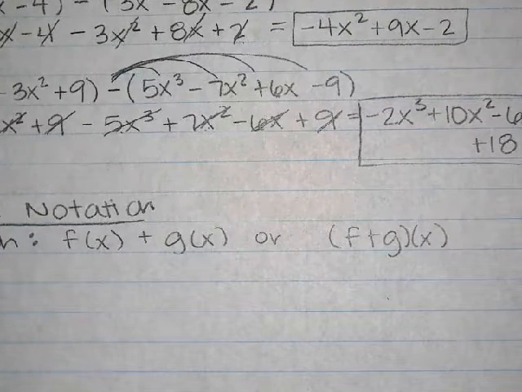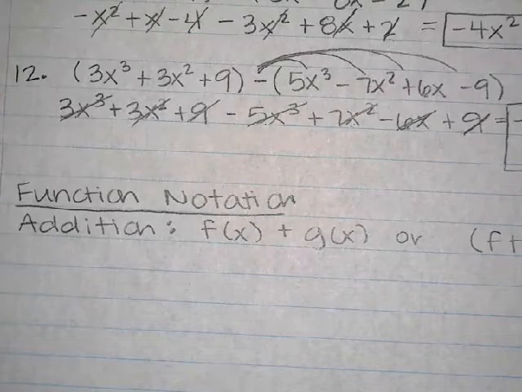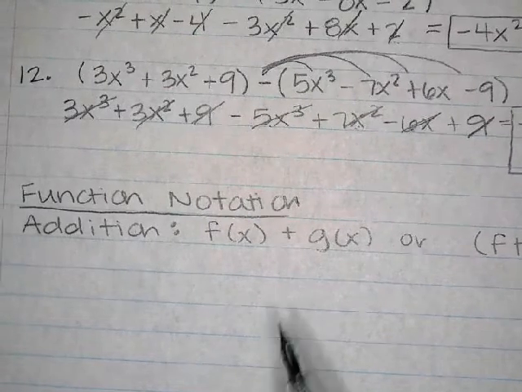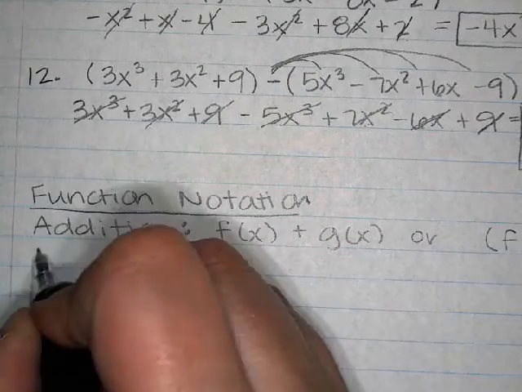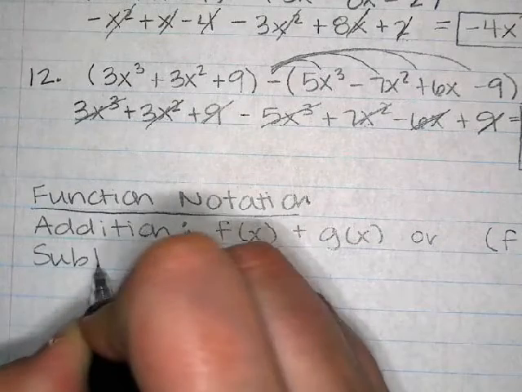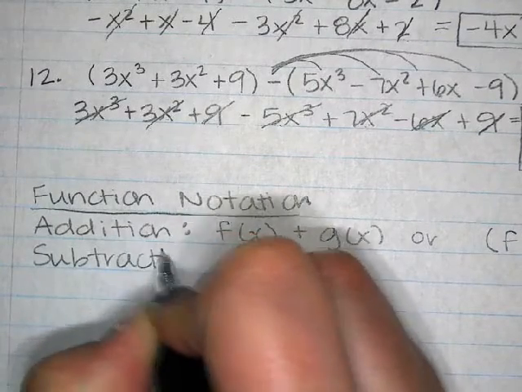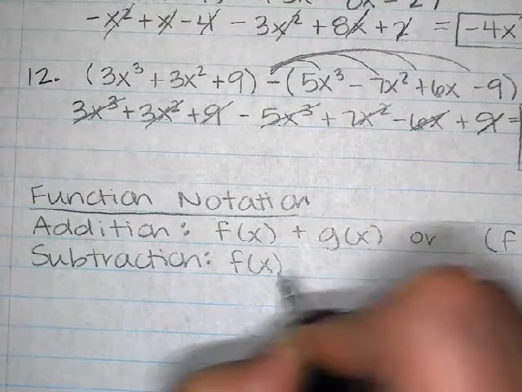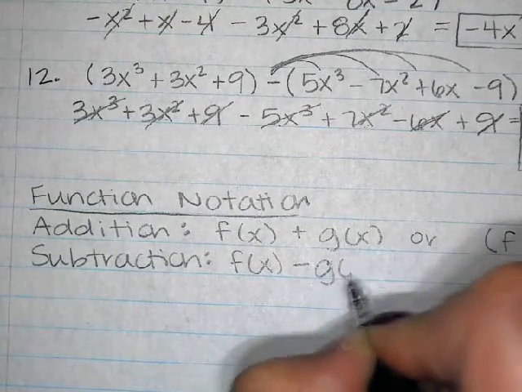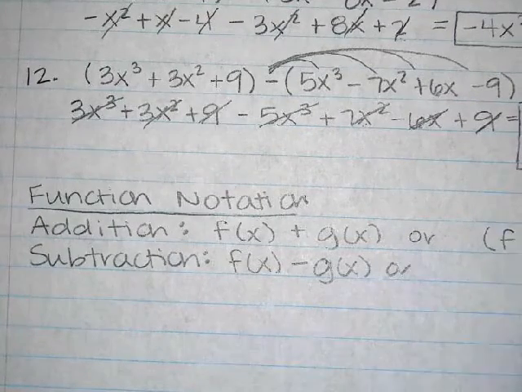We could do subtraction. So this would be like f of x minus g of x, or it could be written as f minus g of x.